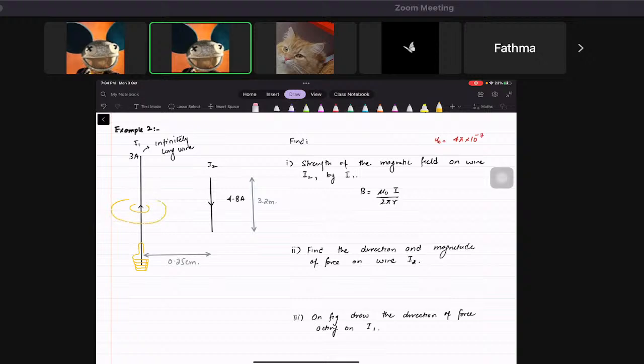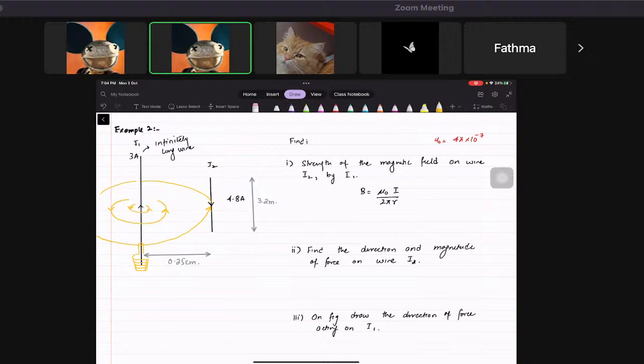At this point, the magnetic field is going into the page from here, because it's clockwise. Oh no, wait. Yeah, this is anti-clockwise. Okay, like that.